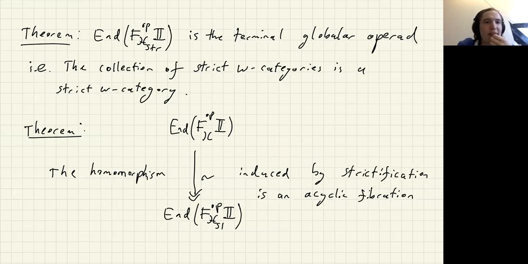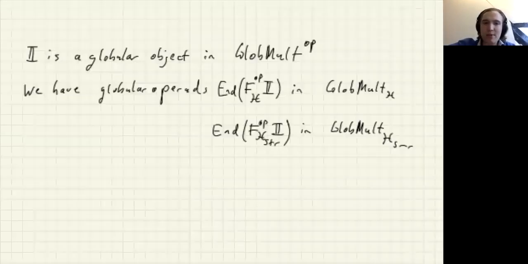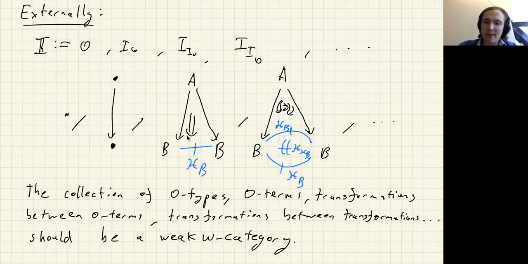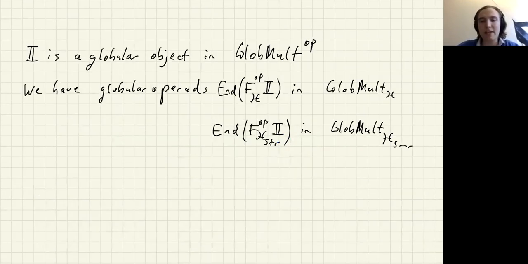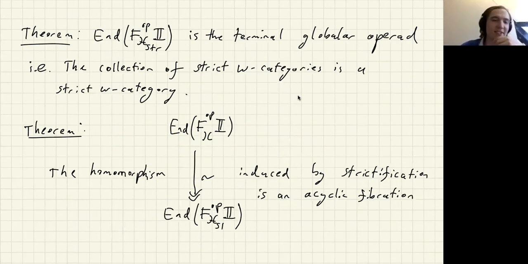You get there in quite a roundabout way because we started off in this framework of globular multicategories. But because we're only looking at globular multicategories where there aren't any interesting 1 types or 2 types, those globular multicategories turn out to behave just like strict omega categories.